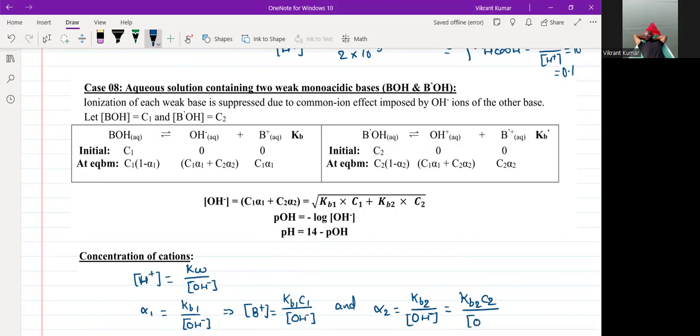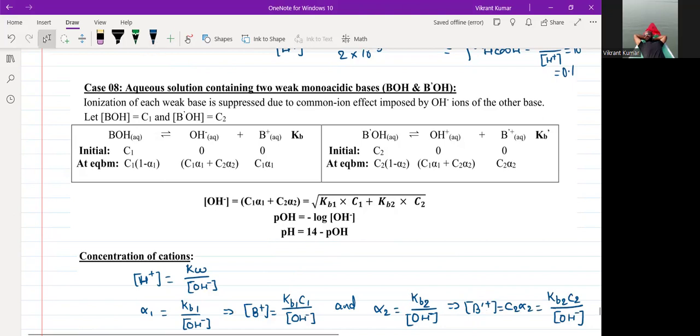Sorry, this will be B dash plus, which is KB2 C2 alpha 2 will become KB2 C2 upon OH minus. This was case number 7 and 8.